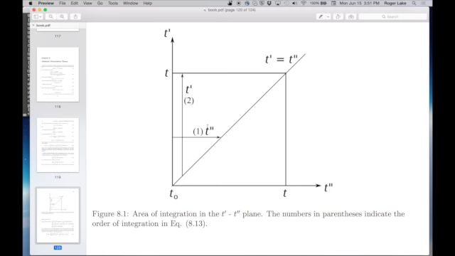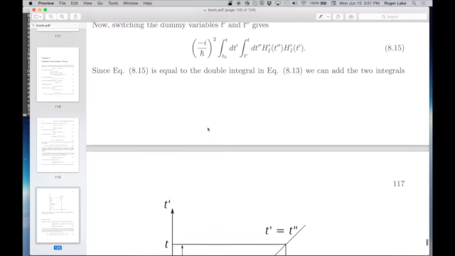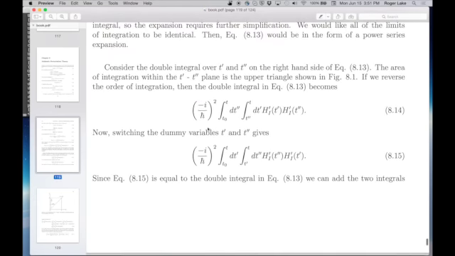And what we do is we change the order of the integrals. So it's like first you do t double prime, and then you do t prime. And if we reverse the order of the integral, then we get something that looks like this. And these are all dummy indices, so we can just switch what we call t prime and t double prime.